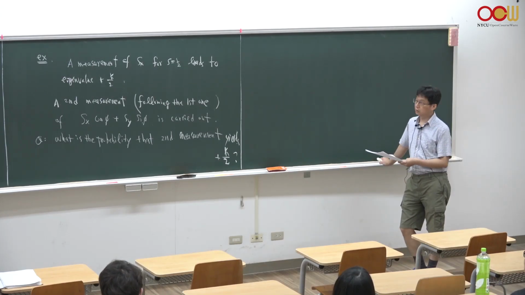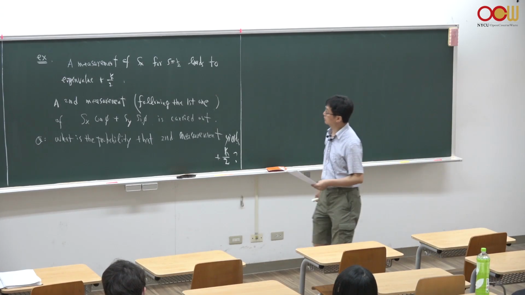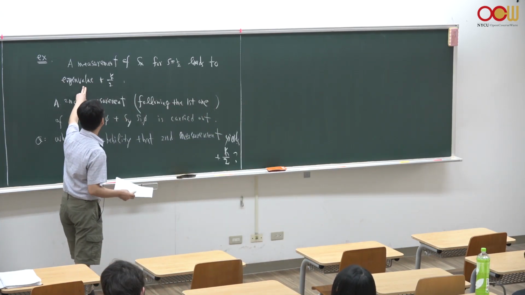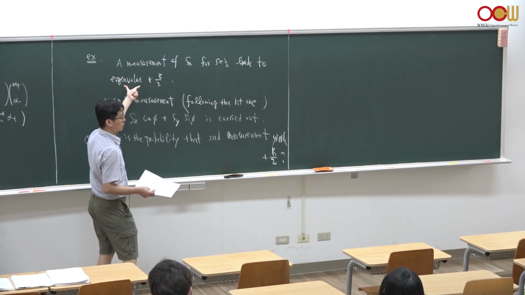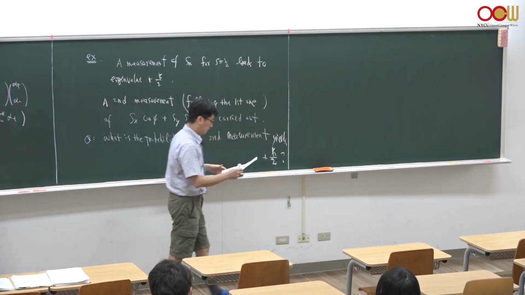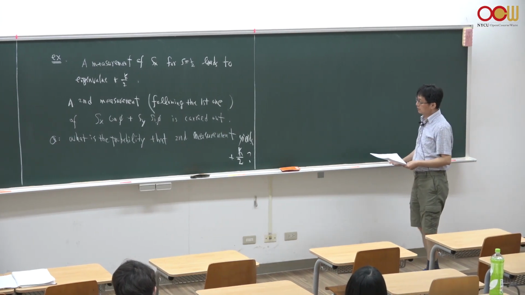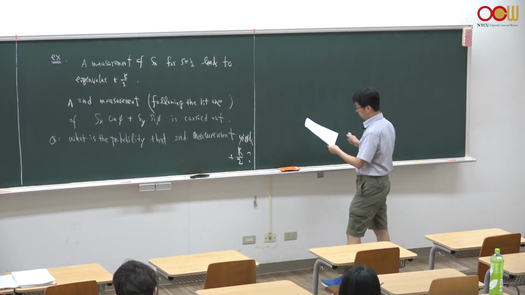So let's just do the simple exercise. We know that when this first measurement is done, the result is plus 1/2 h bar, which means that after the first measurement, the state evolves from the initial state to the eigenstate of plus 1/2 h bar of Sx.